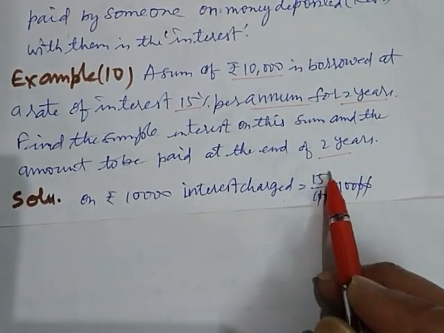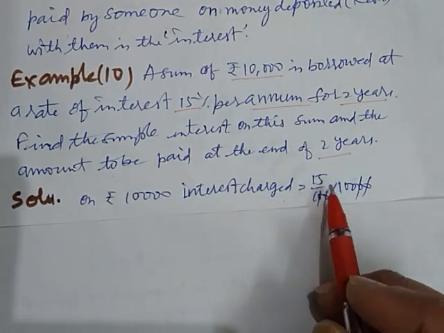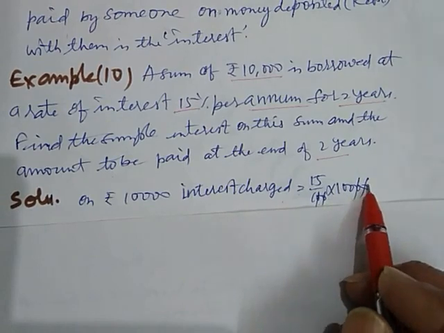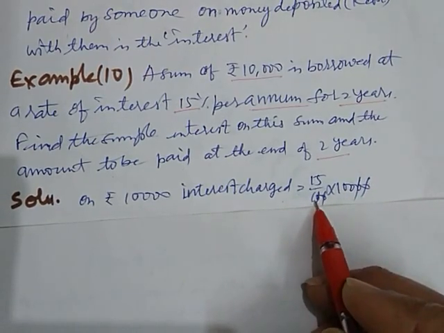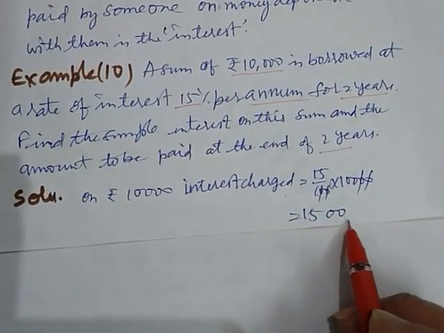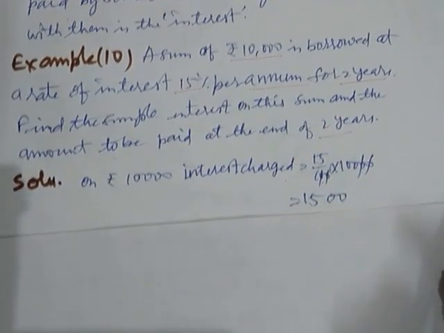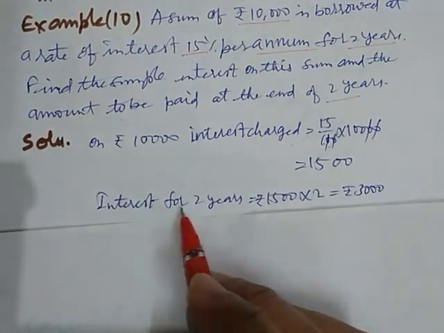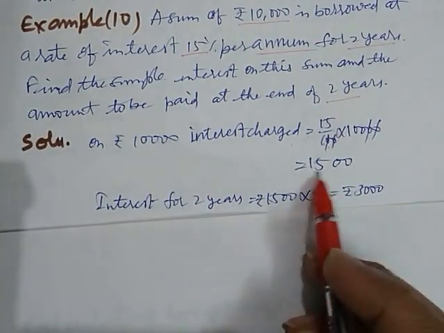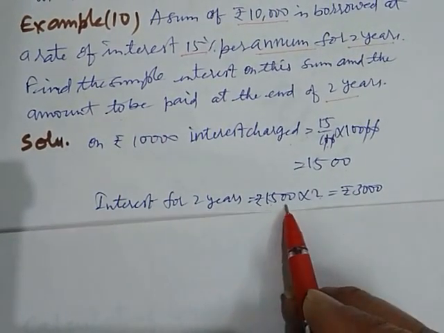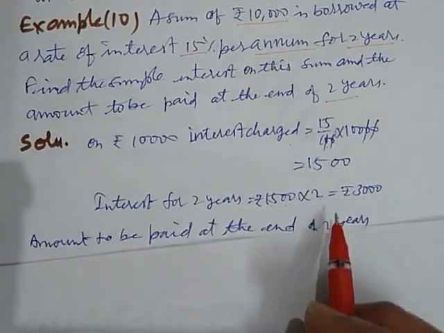First we convert the percentage into an amount: 15 divided by 100 into 10,000. The zeros cancel, so this becomes 1500. This is the interest charged for 1 year. Multiplying by 2, we get the interest for 2 years, that is rupees 3,000.